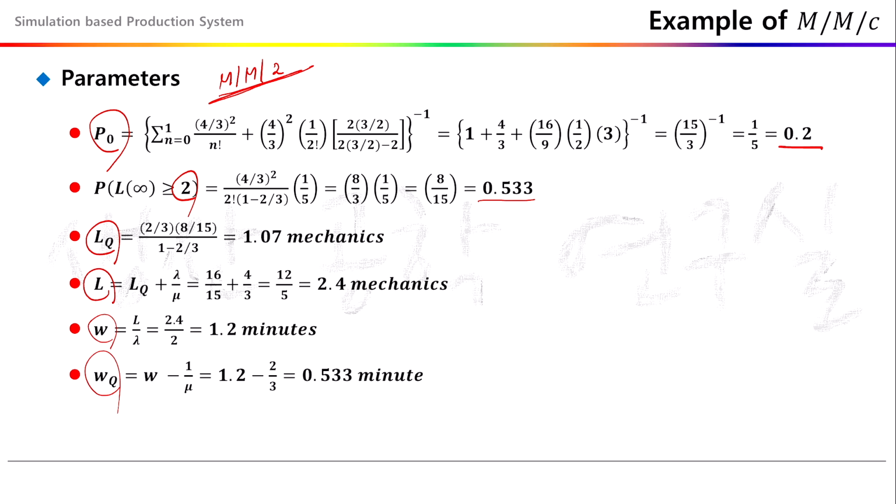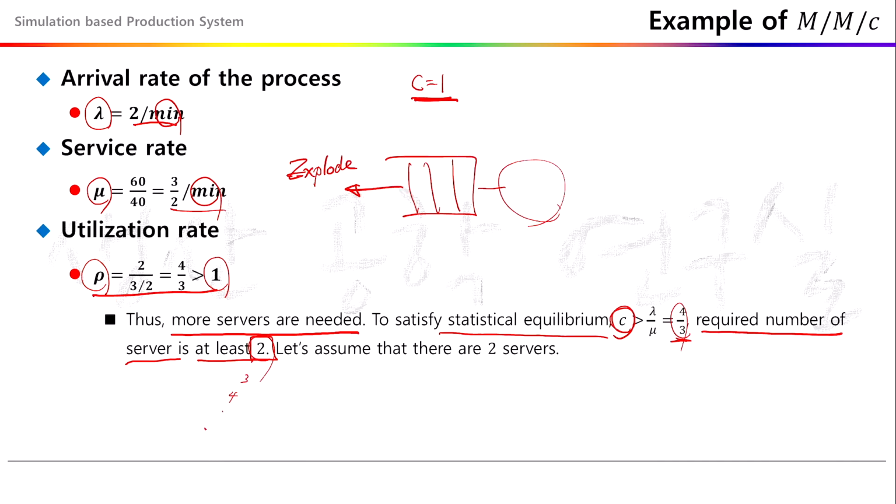If 2 servers exist, then the average length of the queue is about 1, and the entire model can have 2.4 mechanics on average. Also, the average waiting time in the queue is about 0.5 minutes. It's roughly 30 seconds. So this is a very good example for the design of any kind of service system.